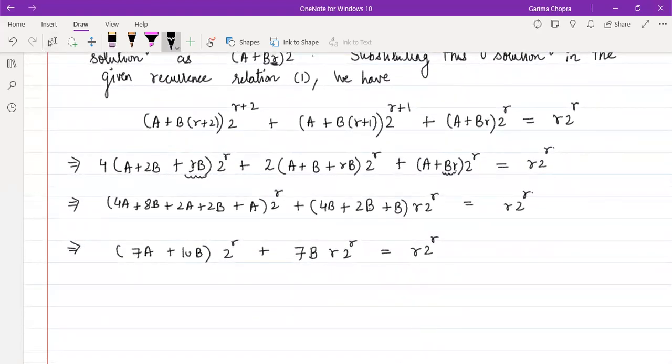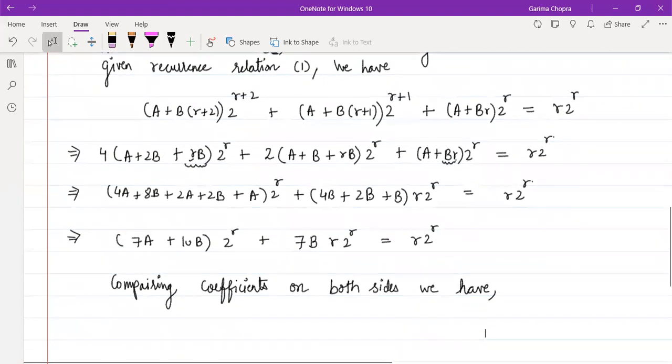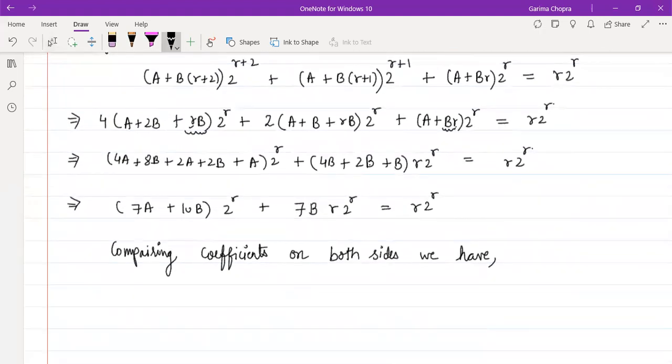Now comparing coefficients on both sides, we have this 7a plus 10b, because on the right hand side we don't have this 2 raised to power r, we have this term r 2 raised to power r only on the right hand side.